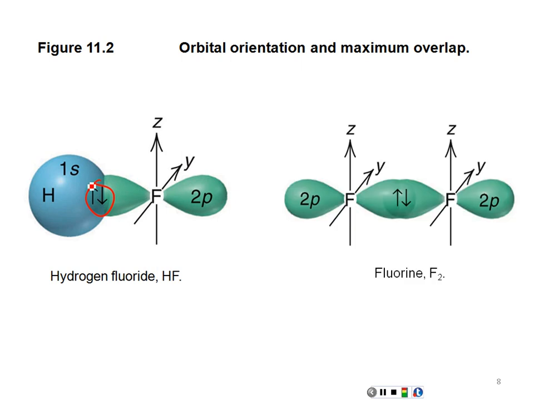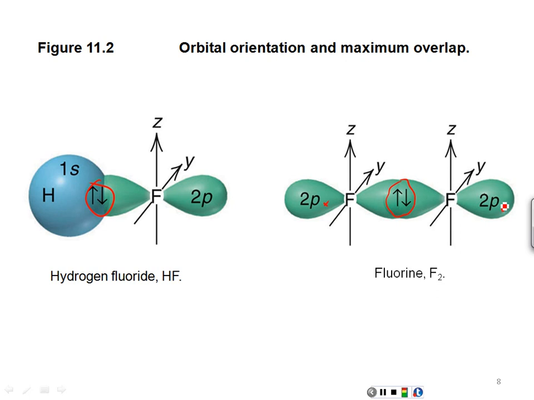We can also have a bond forming between 2 p orbitals, and that is shown here on the right. So for an F2 molecule, we have an overlapping region of the p orbitals, and you'll notice now that these are the px orbitals.